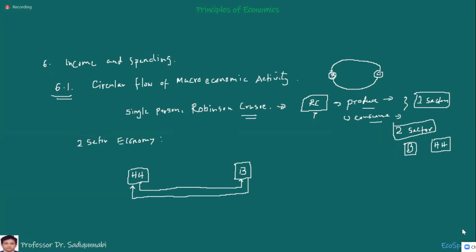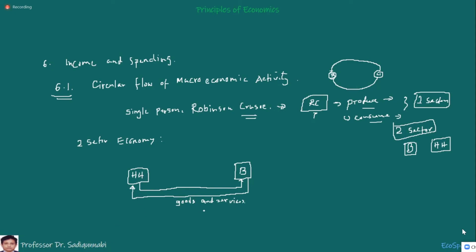In one arrow, resources, financial or real, are coming from household to business and business to household. From business to household, we call it goods and services. Business produces goods and services and sends them to the household.